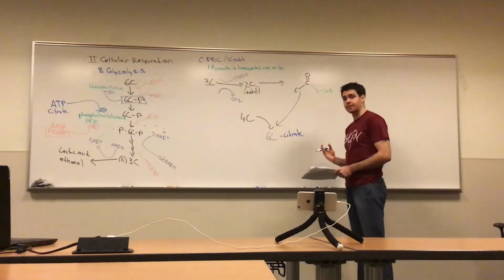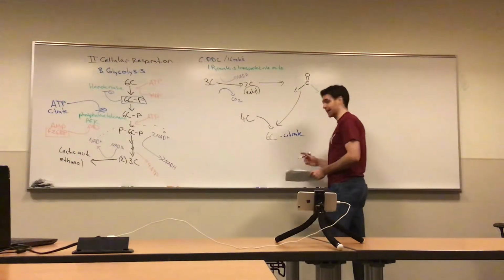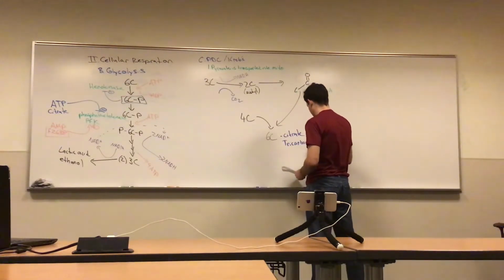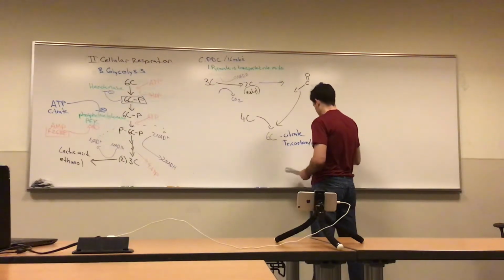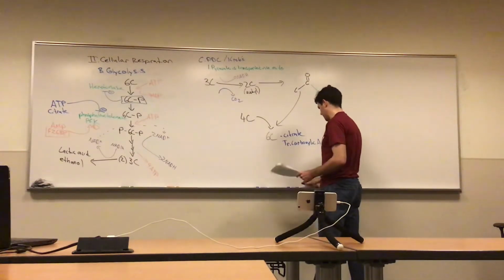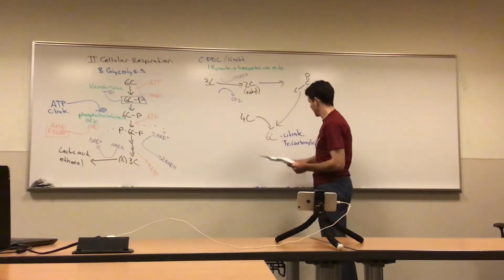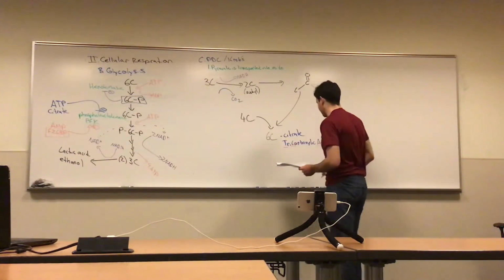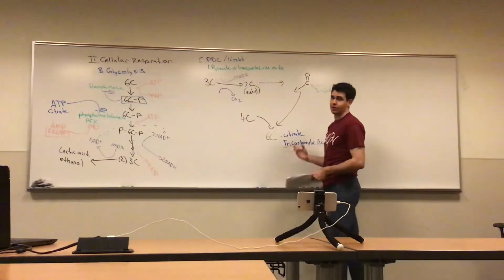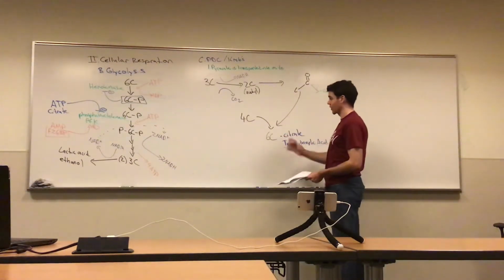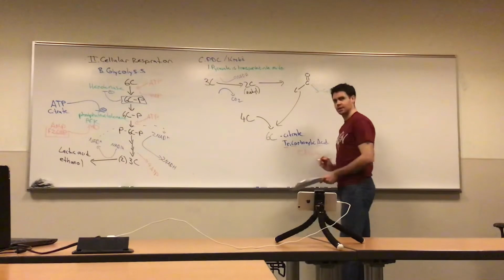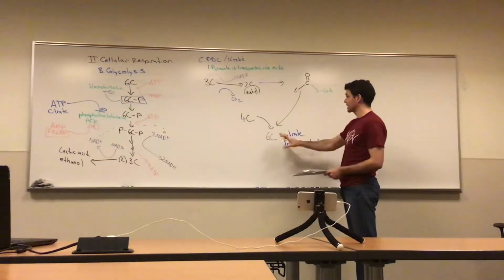A better name for it is tricarboxylic acid. You see there's a T, a C, and an A. Some people, like molecular biologists and biochemists, call the Krebs cycle the TCA cycle, because this tricarboxylic acid is so important.